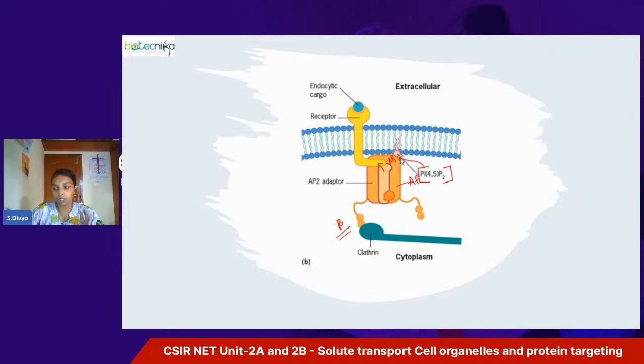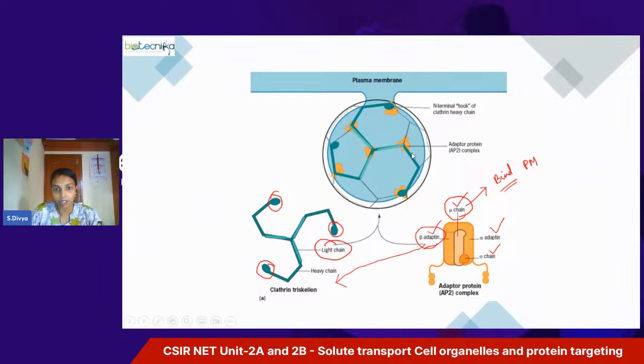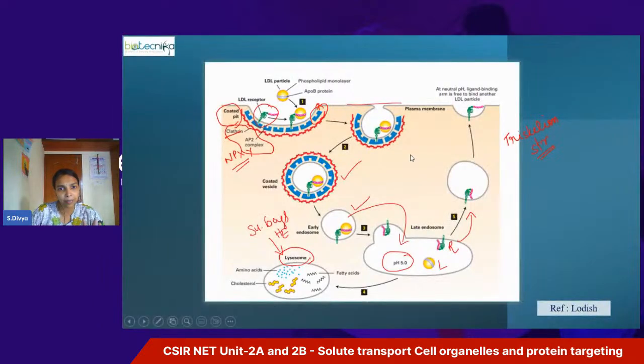So if you understood this image and if you understand this image also, then can you tell me who is responsible for pinching this vesicle from the plasma membrane? See, one simple image and you can expect a number of questions from here, right?